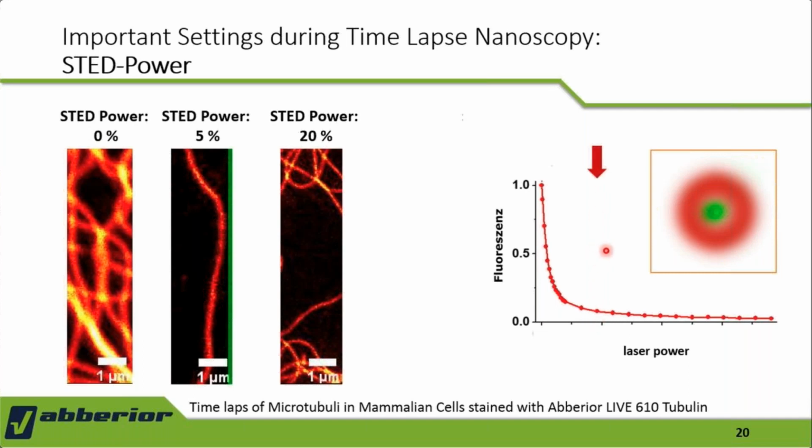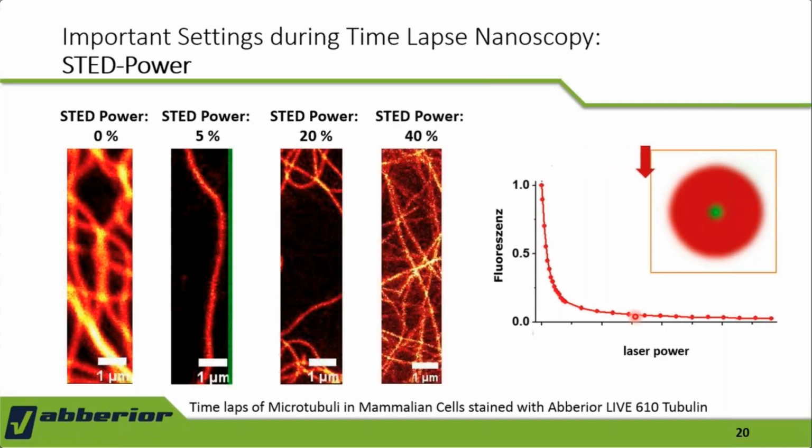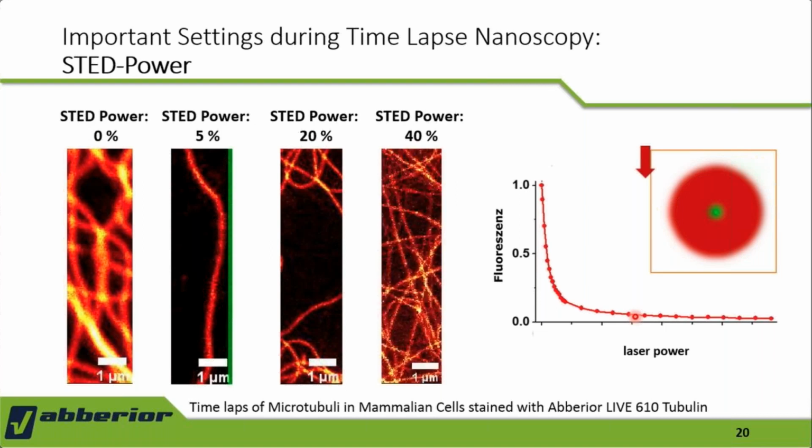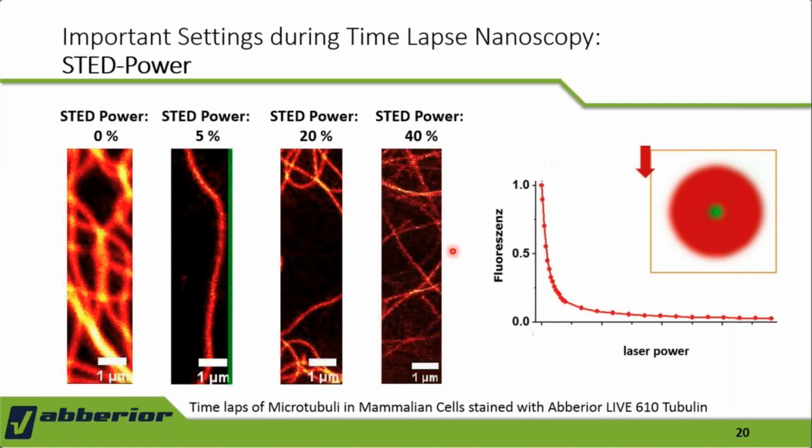So for higher resolution, like 5 or 10% better, we have to increase the STED power even further. And this brings us to a point where the fluorophore might be bleached, or the structure will be destroyed. So this is what you see here. The resolution is quite good, but bleaching will start after a few frames.